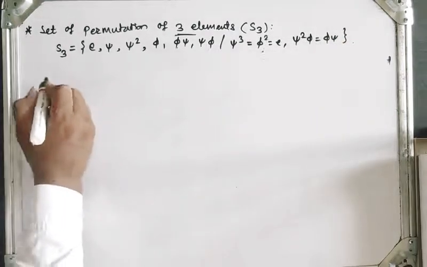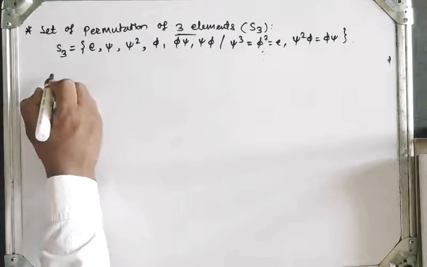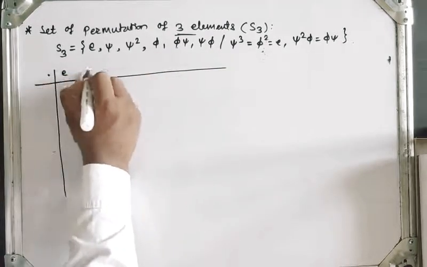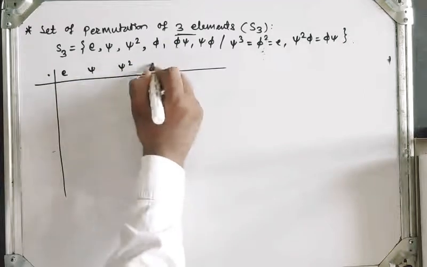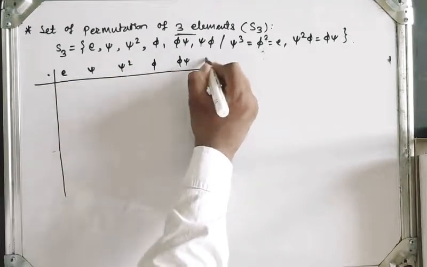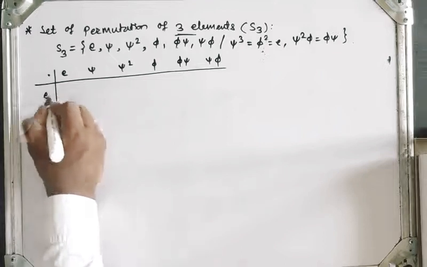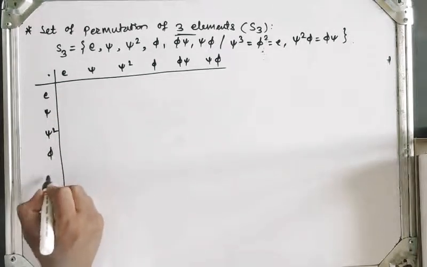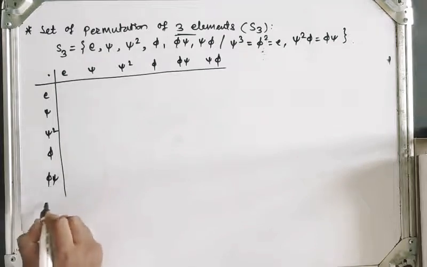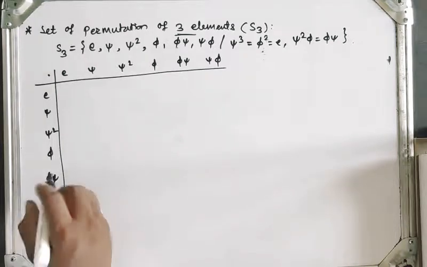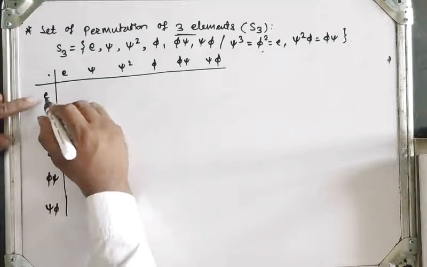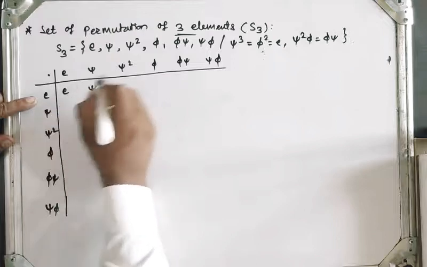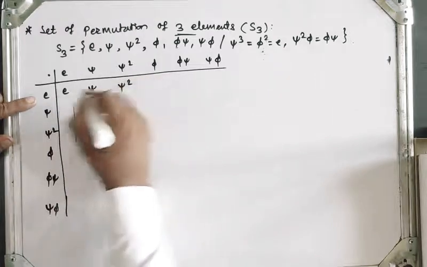This group is under multiplication, so I will take the multiplication table with identity, psi, psi square, phi, psi phi.